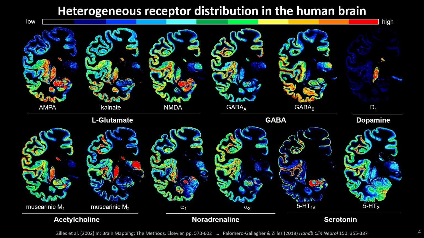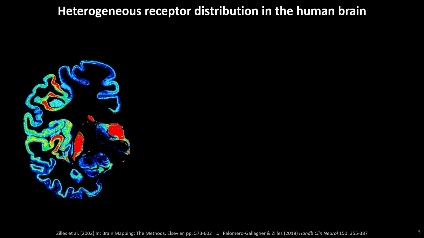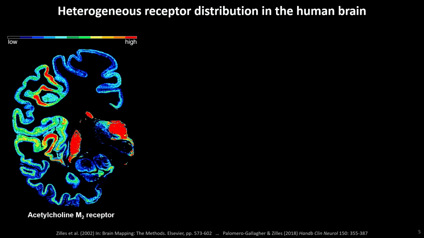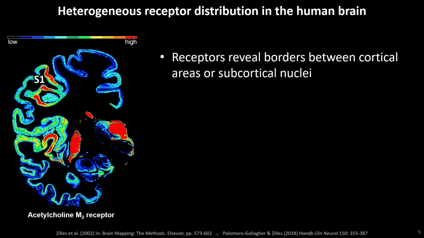The research, which basically spans all of my scientific life, has led to the identification of a couple of principles that we can associate with these differences in receptor densities. The heterogeneous distribution of receptors in the brain helps us identify cortical borders and also borders between nuclei and subcortical structures.